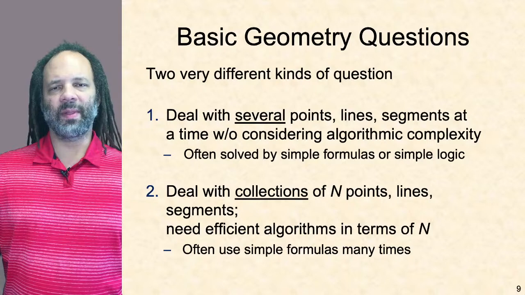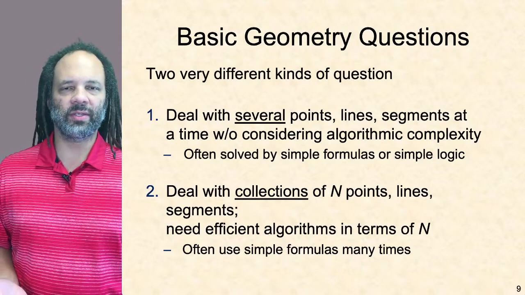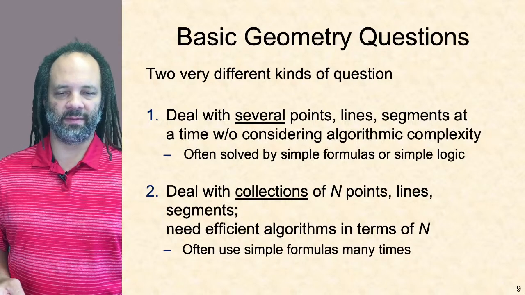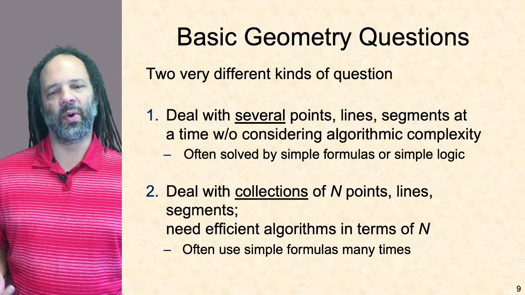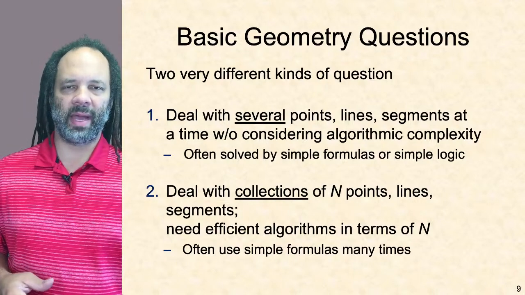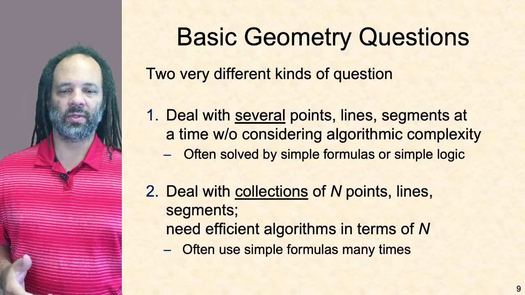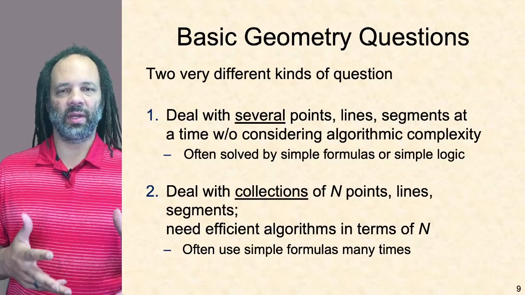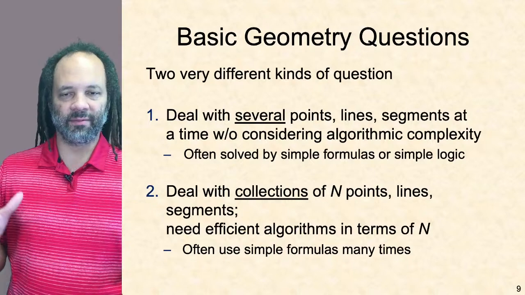We have a couple of different kinds of questions as we look at these basic geometry things. Sometimes I'll be dealing with small sets of information, like several points or lines or segments. I don't really have to worry about my algorithmic complexity because the numbers are so small, and I can just use my simple formulas or some basic logic and figure that out.